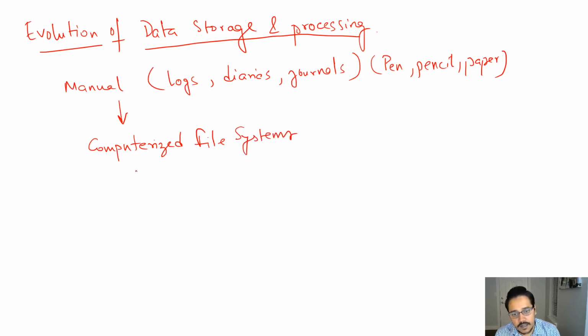Okay, and thereafter there were some challenges and shortcomings present in computerized file systems, which are basically the issues of data redundancies and anomalies which needed to be addressed, right?